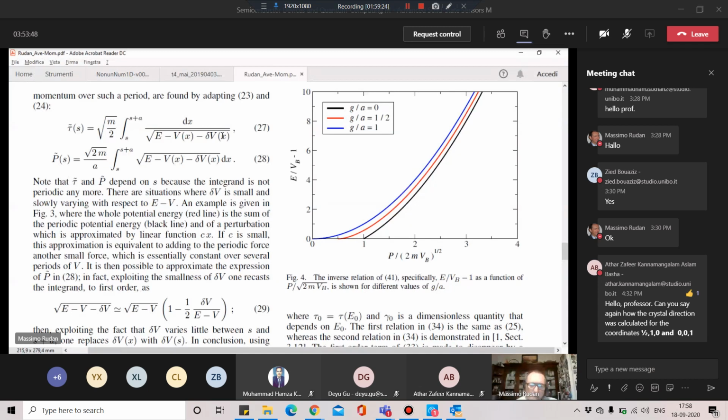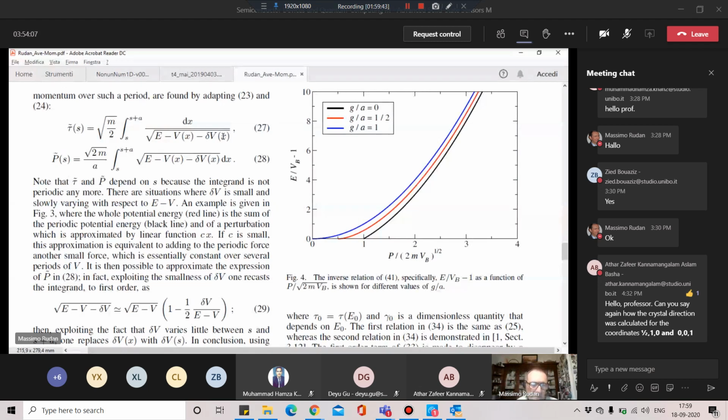Okay, so the dependence of delta V on position is so small that we can consider it almost constant over several periods of the crystal.